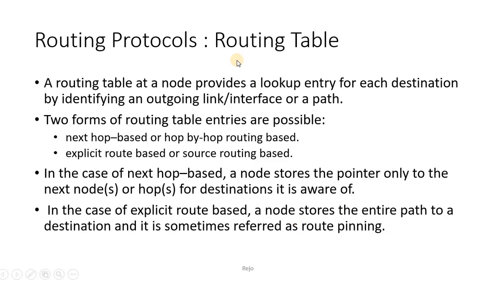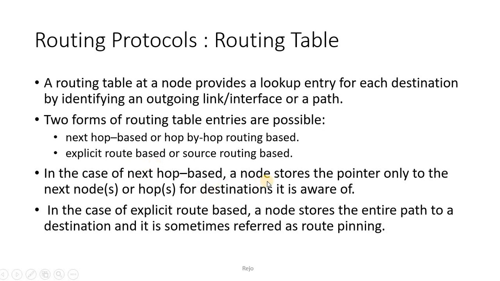The routing table is one of the most important features of routing protocols. A routing table at a node provides a lookup entry for each and every destination by identifying an outgoing link, interface, or path. This routing table will be referred to by every node to determine the path to the destination. Two forms of routing tables are there: next hop based and explicit route based.